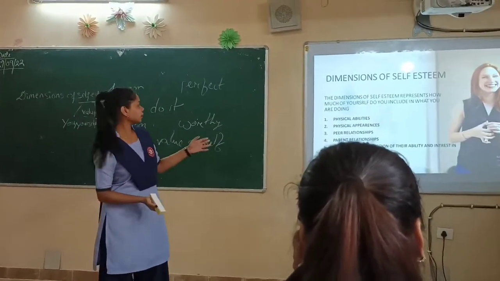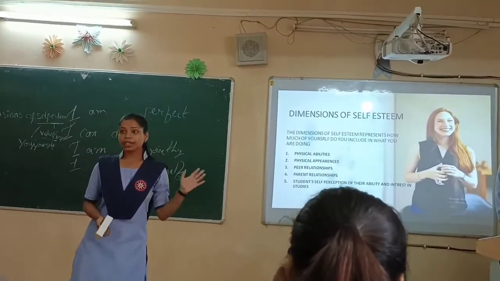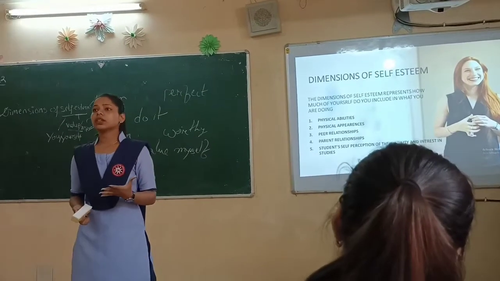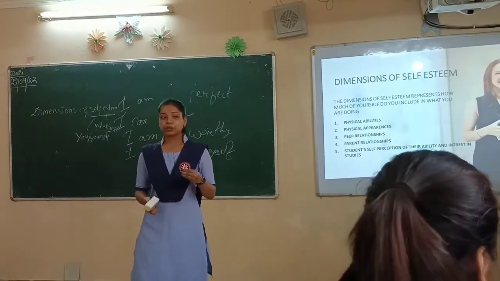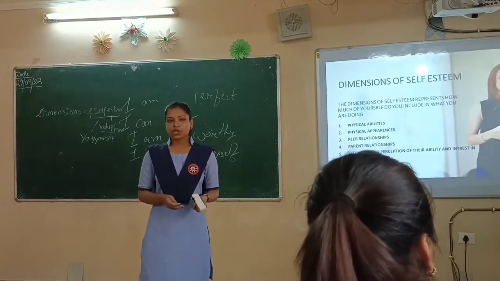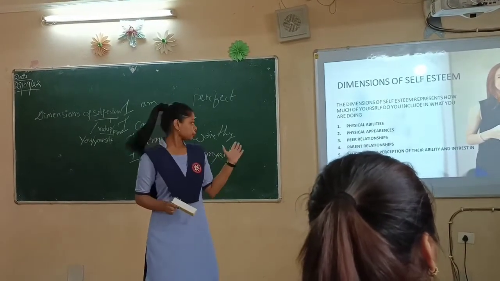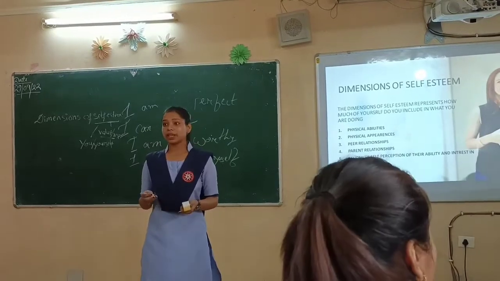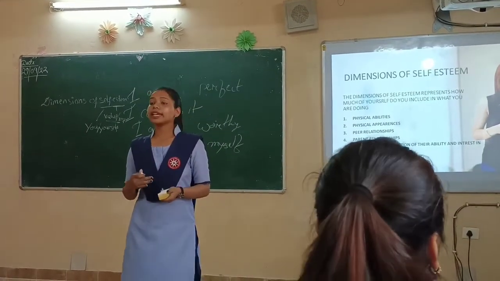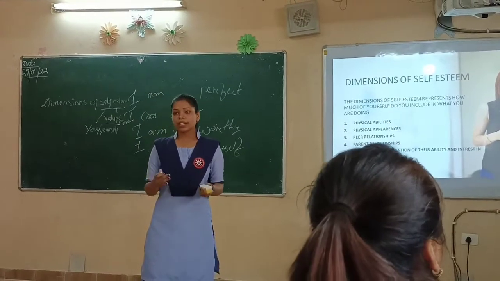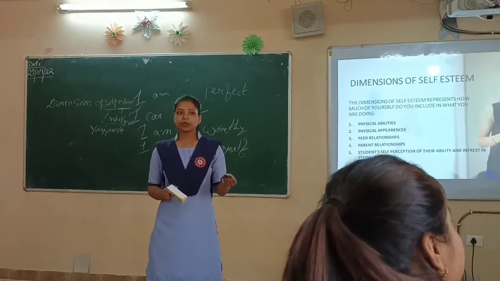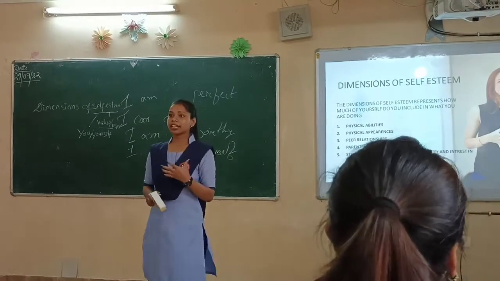Then next is peer relationship. Here peer means group, and relationship means we make relations between friends, families, and many other people. So peer relationship means how we can easily make friends, their popularity, whether others want him or her as a friend or not.